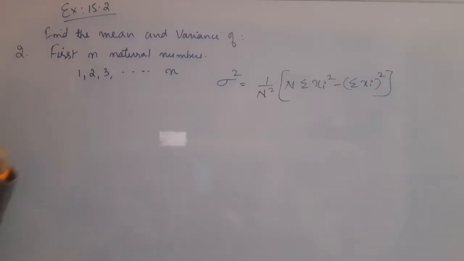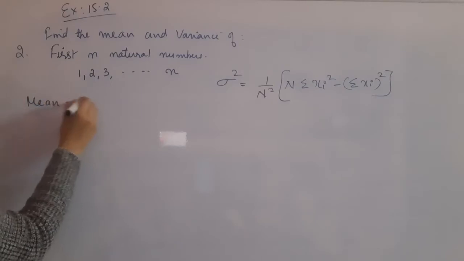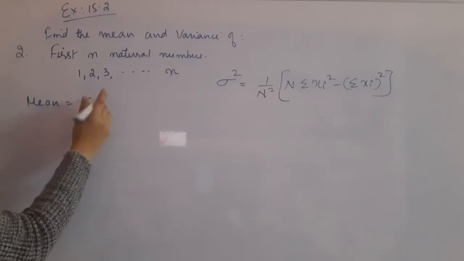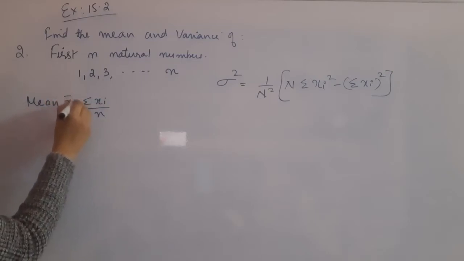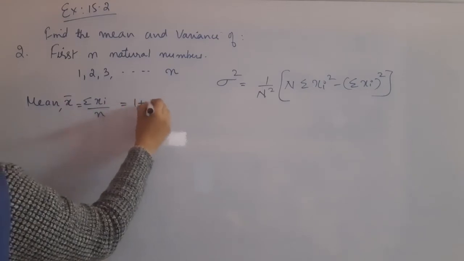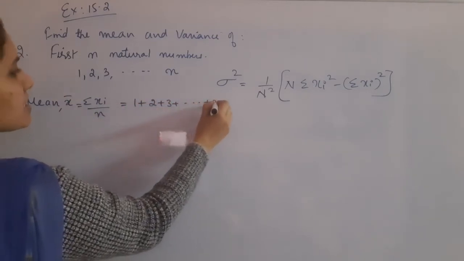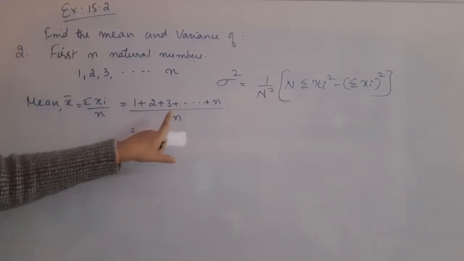So first what we need to find out is the mean. Mean is notated as x bar, which is sigma xi by n. And sigma xi is 1 plus 2 plus 3 plus etc. plus n, whole divided by n, right? Now what is the sum of n natural numbers?